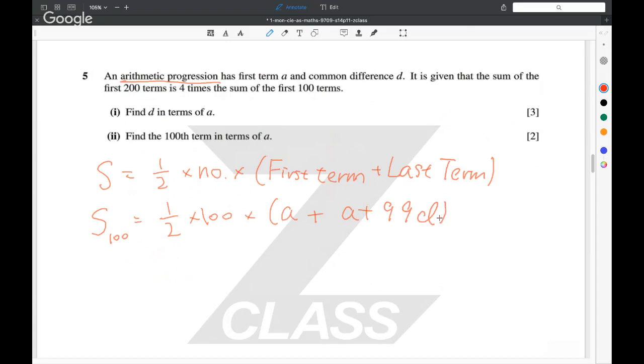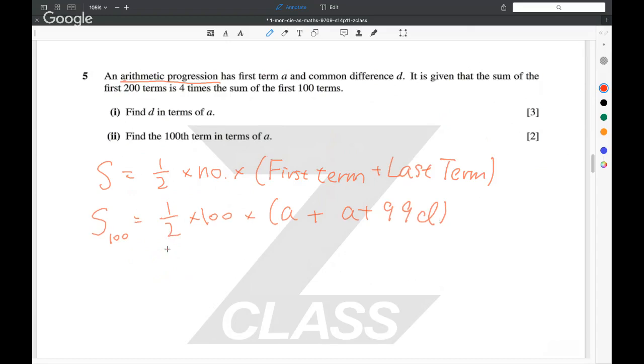Because in order to get from the first term to the last term, you are adding 99 successions of the common difference. If you think about it, the second term and the first term differ by 1d, and the third term and the first term differ by 2d. So the 100th term and the first term must differ by 99d.